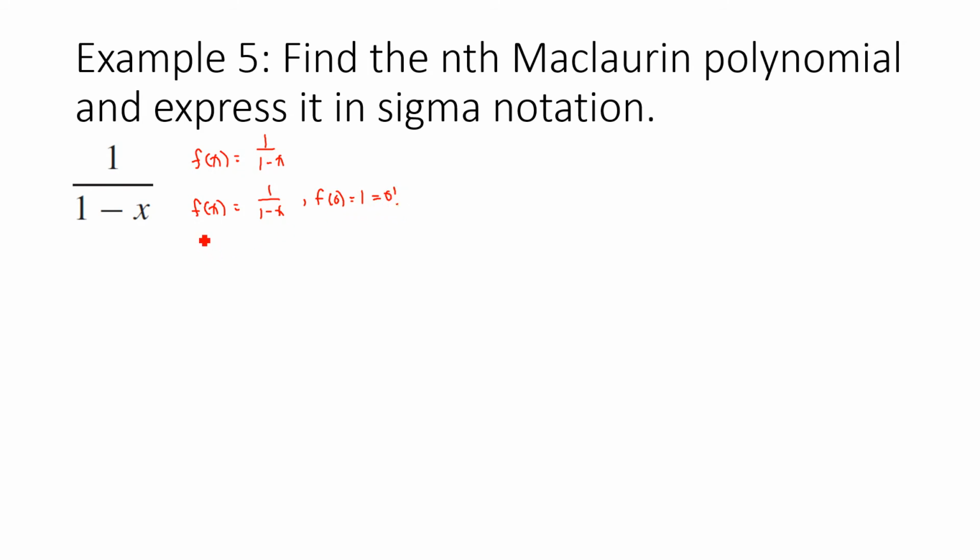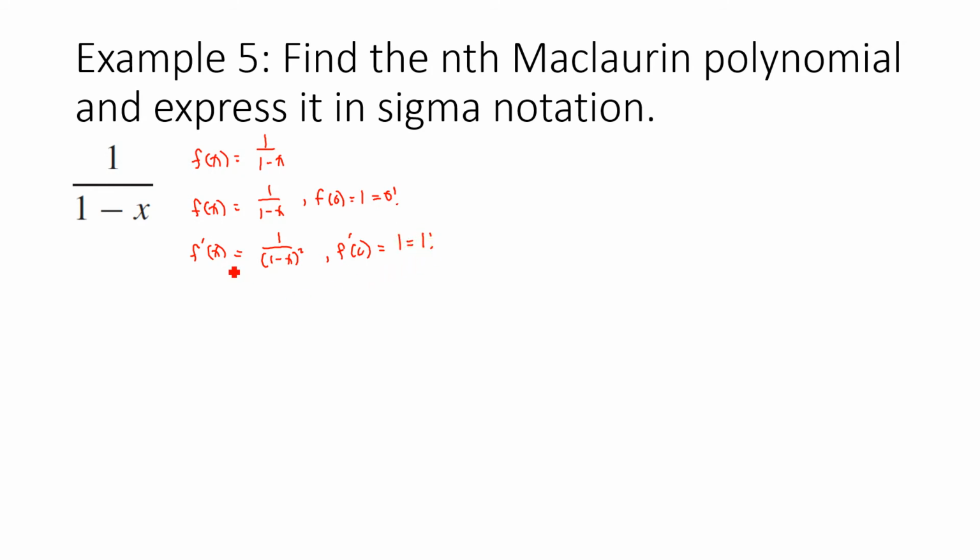So our first derivative of f of x would be equal to 1 over the squared quantity 1 minus x, which, if we substitute 0, is equal to 1, which is 1 factorial.